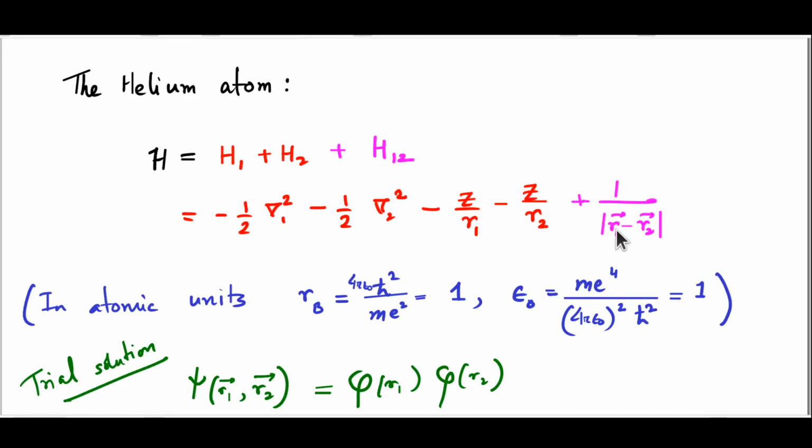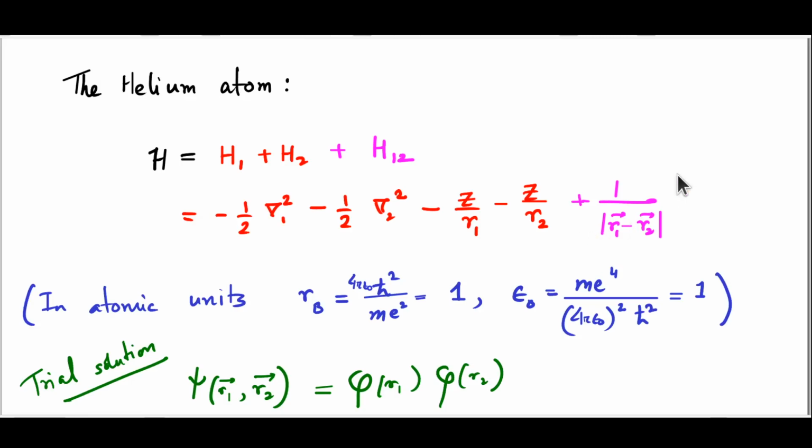While this extra term is going to cause a lot of difficulties, we can start our solution by ignoring this term to begin with. Of course, if I were to ignore this term, I would end up with exactly 2 copies of the hydrogen atom problem, and then I would know that the wave function, which is a function of both R1 and R2, can be written as a product of a function of R1 and a function of R2.